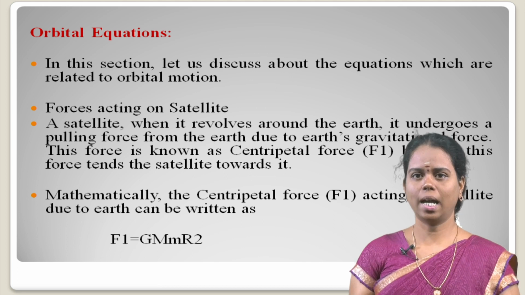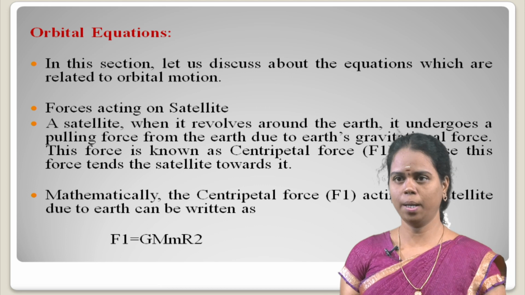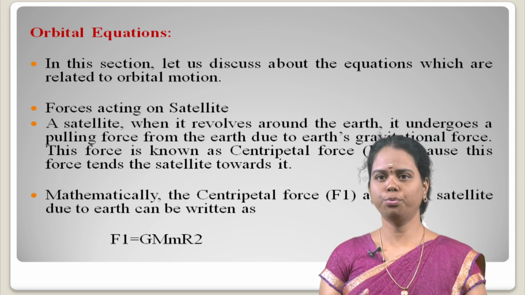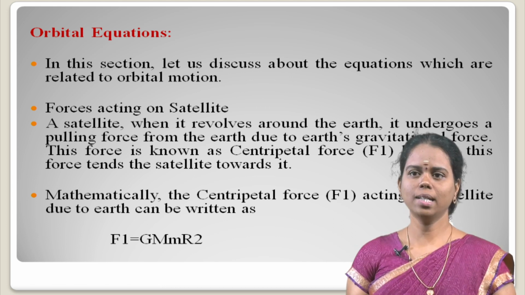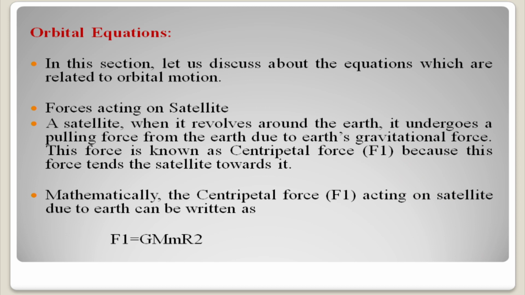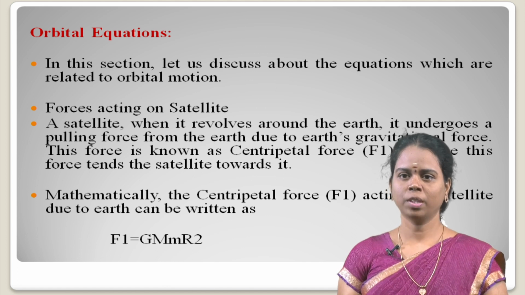Forces acting on a satellite. A satellite, when it revolves around the Earth, undergoes a pulling force from the Earth due to Earth's gravitational force. This force is known as the centripetal force, denoted F1, because this force tends to pull the satellite towards it.